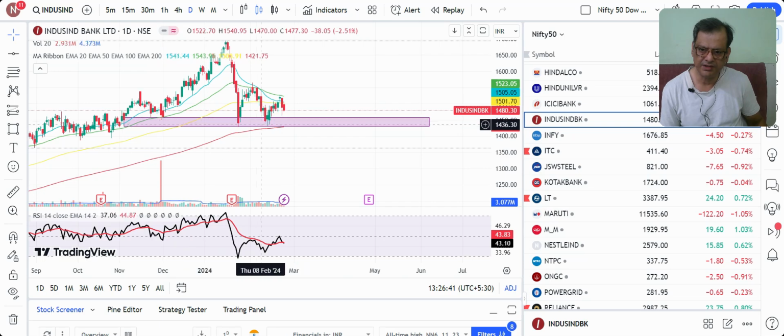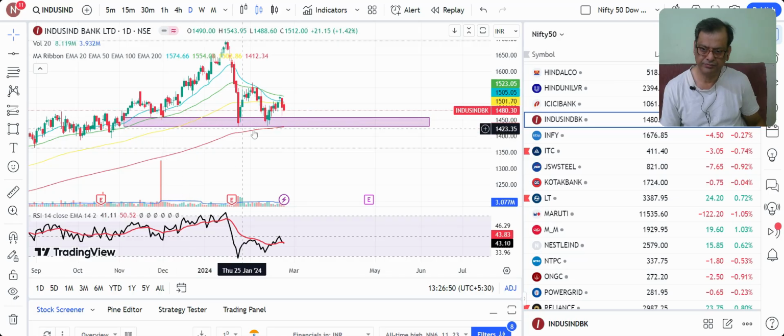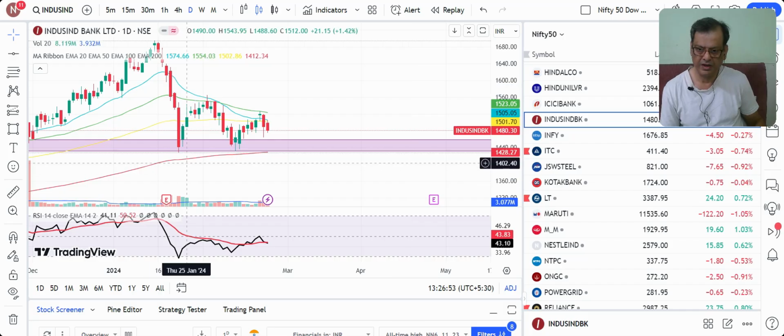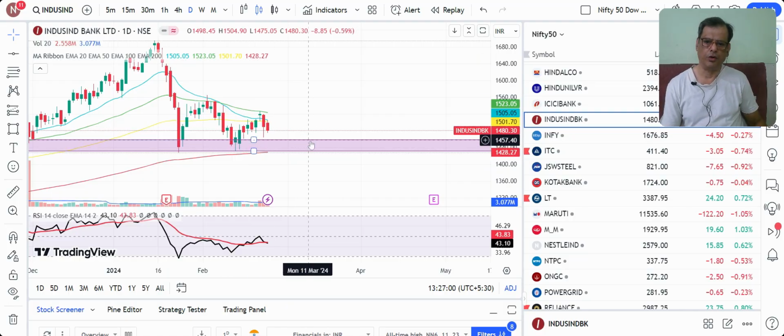Now, the more the touches, the stronger the support. But please remember, this is one bounce, two, three, four. Let me maximize this. Four, five, six, seven, eight. Now imagine there is a wall and you are a strong person with a hammer, hitting against the wall.